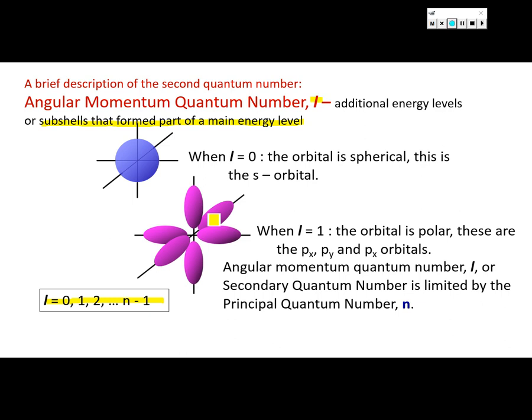So if you have n equals 1, then the L value is only going to be 0. If you have n equals 2, then you can have 0 and 1. N equals 3, you can have 0, 1, 2. N equals 4, 0, 1, 2, 3. Okay? So you can't go higher than n minus 1.